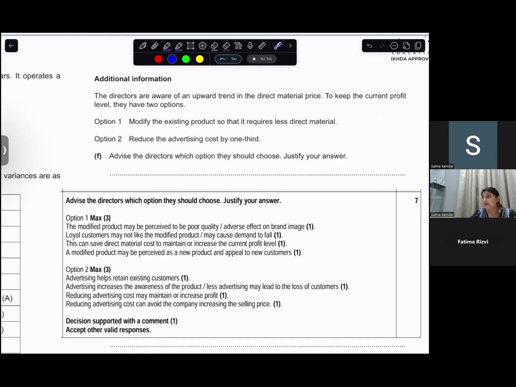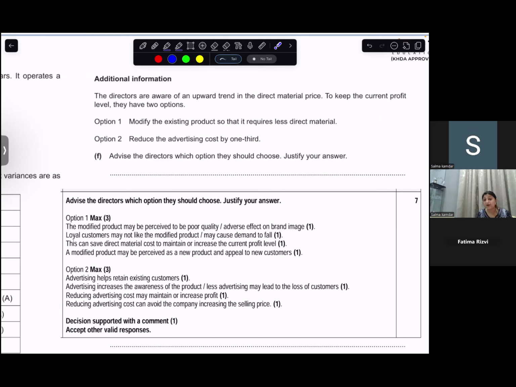And maybe your profits can reduce if you do not keep on advertising, because your current customers may switch to different people. If I do not do advertisement, I cannot increase the selling price, because awareness about my product will be of less reach. So what should they do?